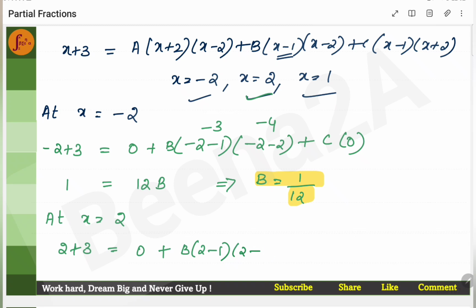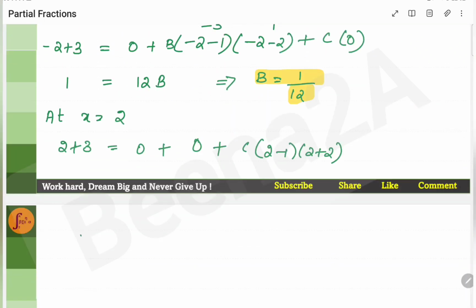This b also will become 0. Then c into 2 minus 1 into 2 plus 2. So I'll get 4c is equal to 5, which implies c is equal to 5 by 4. So I got the c value.